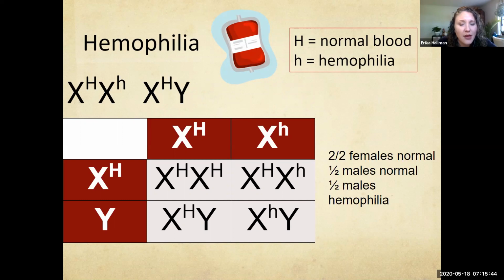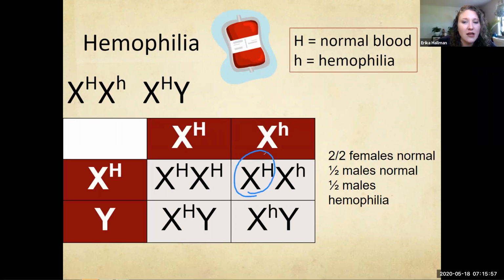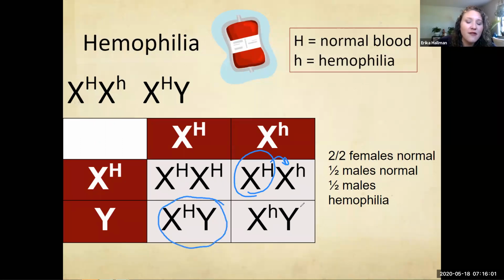They're going to be able to clot blood normally, but that's because one of them is homozygous and one of them is heterozygous. So this dominant allele, this X big H, is going to essentially save that female. That's going to be the dominant that's going to give her that normal blood type. The males are going to be 50-50 hemophiliacs, right? So this guy is going to have hemophilia, this one is not.